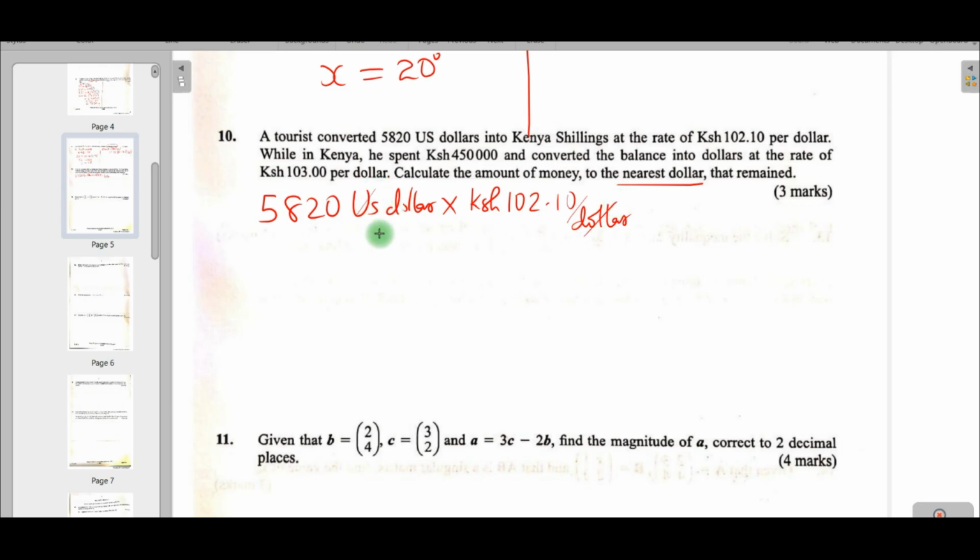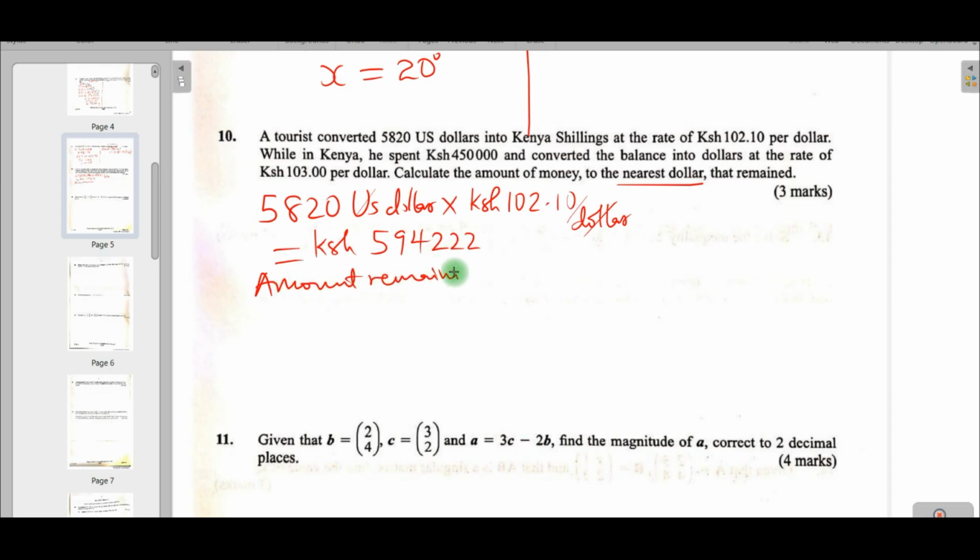So dollar will cancel out, and therefore 5820 times 102.10, we shall get 594,222 Kenyan shillings.